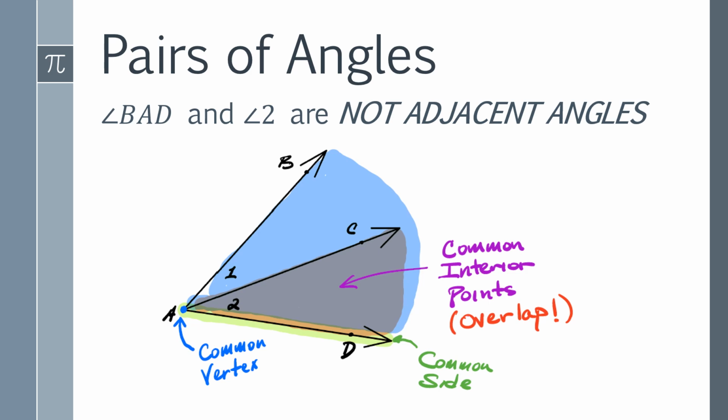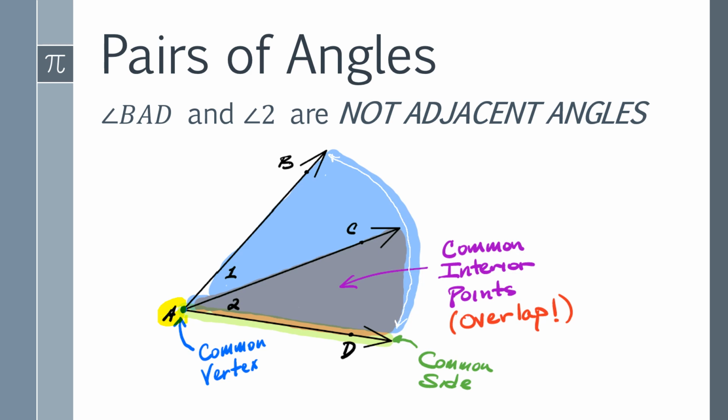If you look at angle BAD, right, which is this whole entire angle here, angle BAD, okay? These are not adjacent angles. And the reason why, let's go through it. Does it have a common vertex? Well, yeah.